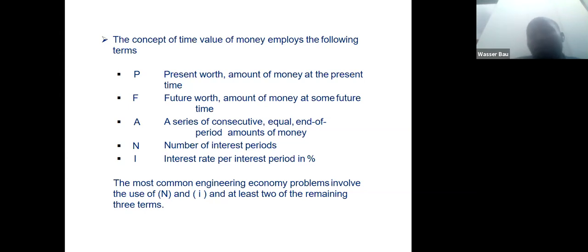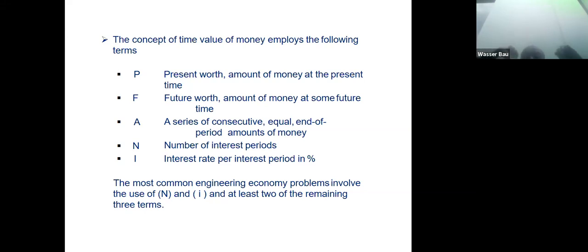there are 5 variables in every economic financial indices. There are 5 variables you have to look for, you have to compute for, or you have to understand. The first one is P, and that is the present worth, the amount of money at the present time.